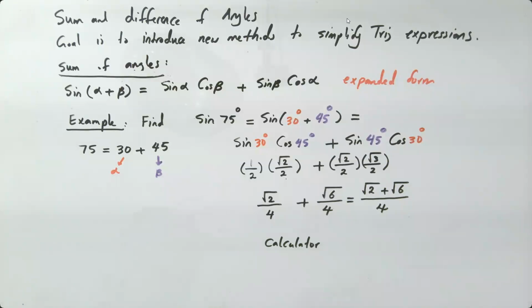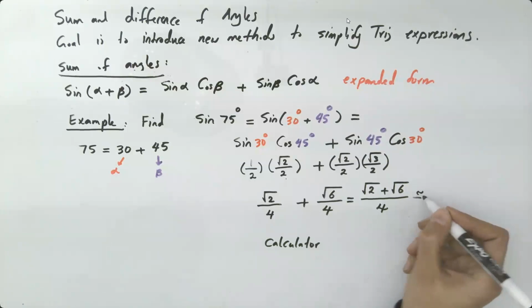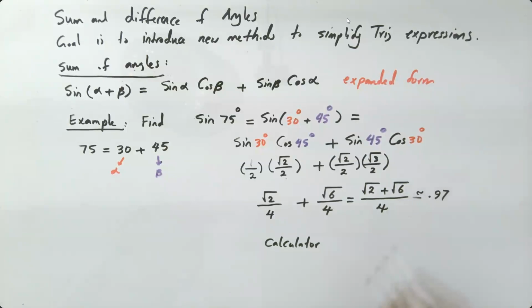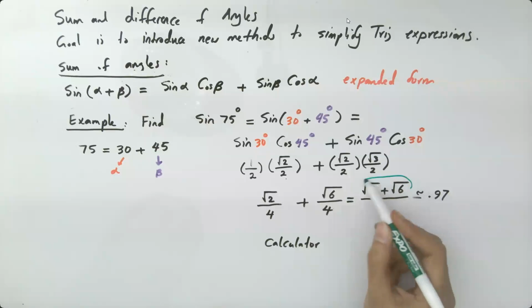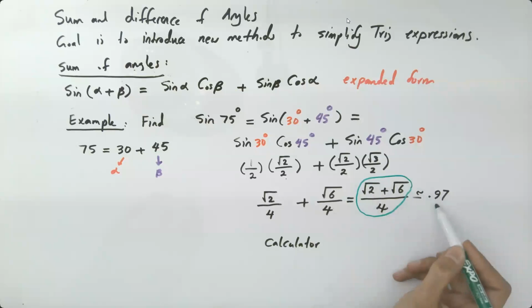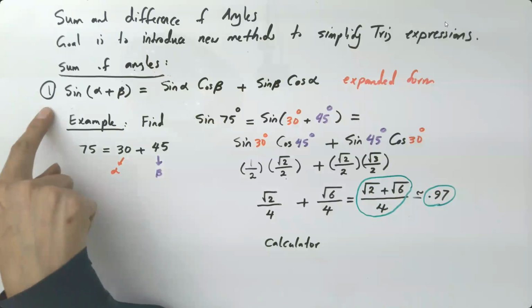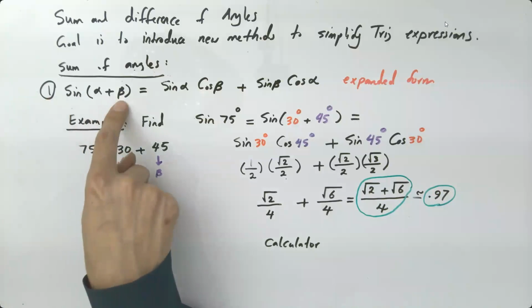Approximately, it is 0.97. So both of these are acceptable answers. So either leave it as square root of 2 plus square root of 6 divided by 4, or use your calculator, which is about 0.97. So this is our first formula, sine of alpha plus beta.